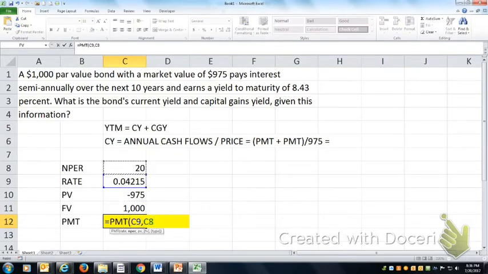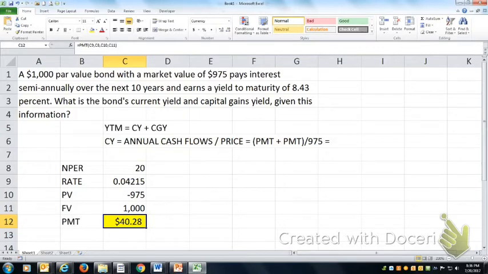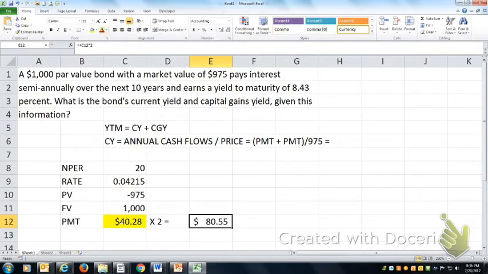Rate, number of periods, present value, future value, and it pays $40.28 every 6 months. So to get the annual cash flows, it pays $80.55 per year.